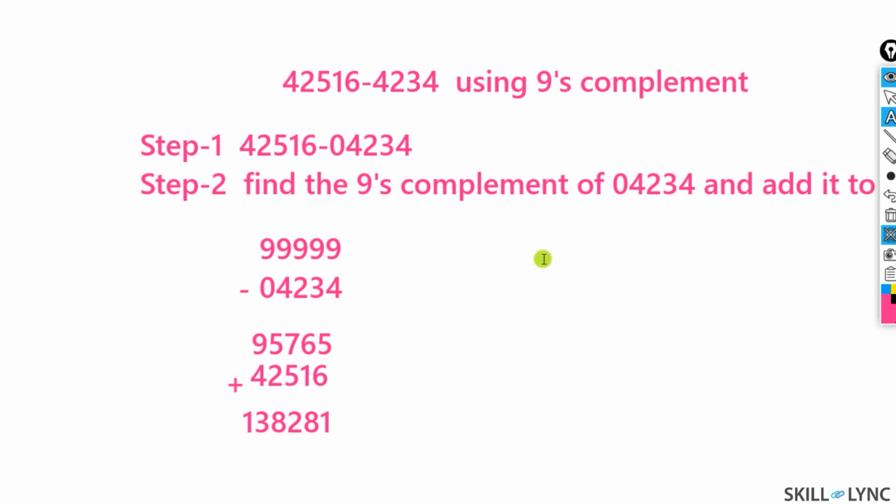If the carry is there, we take this carry to the LSB, the least significant bit position. So the final answer will become 38282. And otherwise also, if you subtract 42516 minus 4234, you get the same answer, 38282.